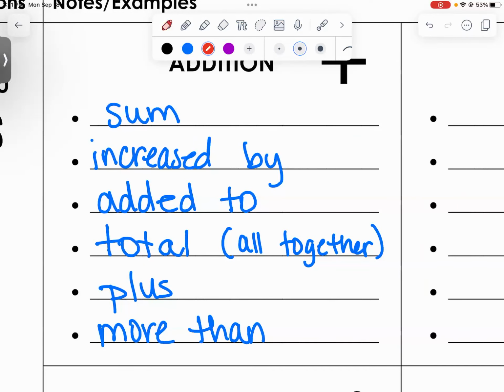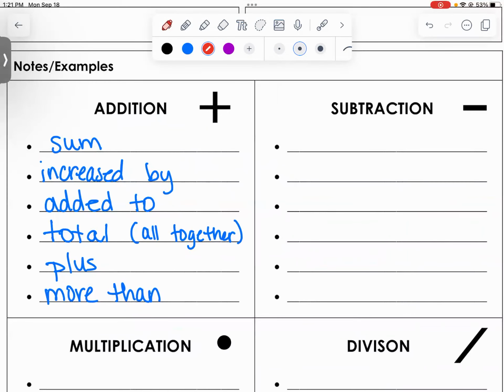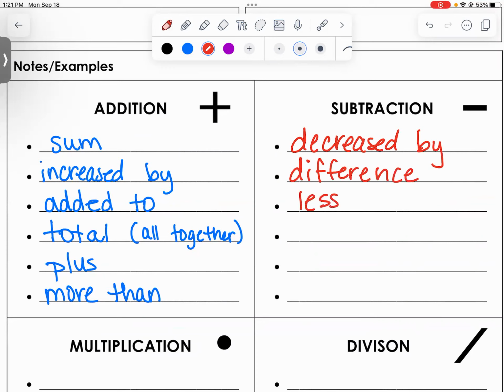So let's go to our subtraction then, and I'll leave it so we can still see the addition. Okay, so Peyton, give me one for subtraction. Decreased by. Reagan, what's another one? Difference. Less than.